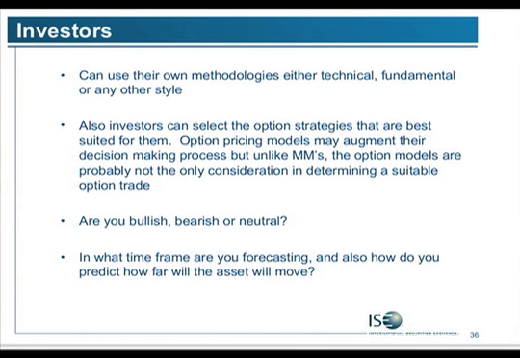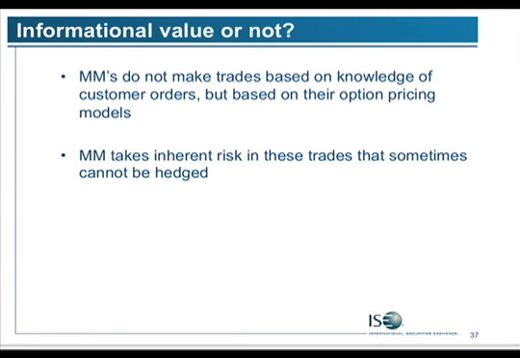But if you're trying to make a prediction out for the next hour, you might be better off in the spot market. I'm going to talk more about informational value and skew in the future.